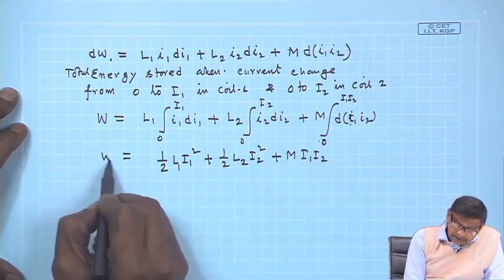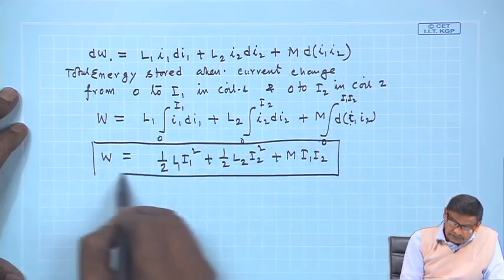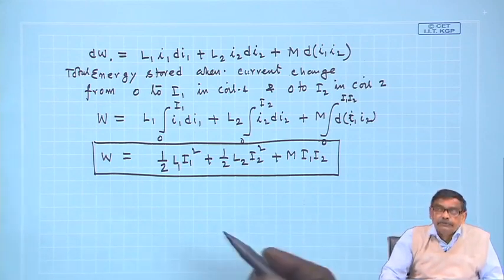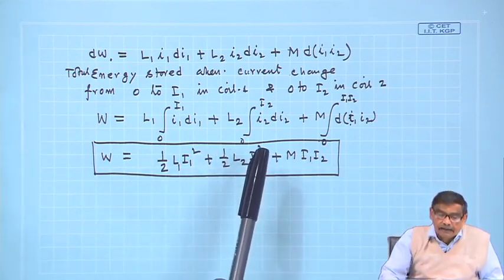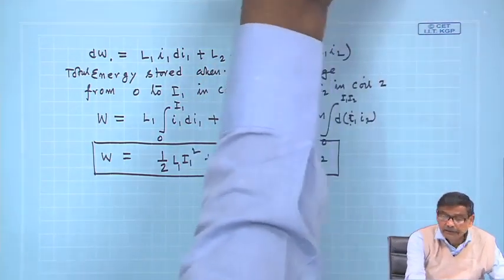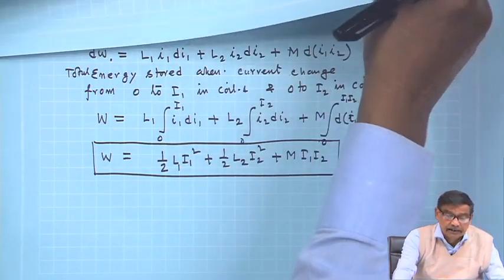So, the energy stored in coupled coils when it carries some current I1 and I2 is given by this. So, in this unit what I have done is I reviewed very briefly the last lecture.